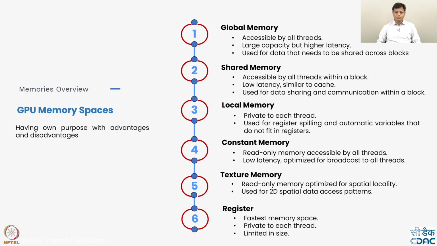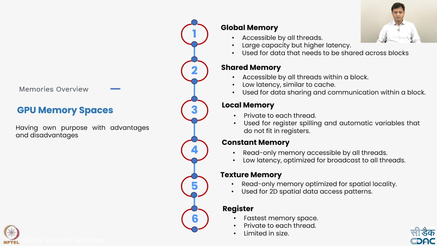Next is the local memory. Local memory is a private space for each thread to keep their data, and it is used for register spilling and automatic variables that do not fit in the registers.